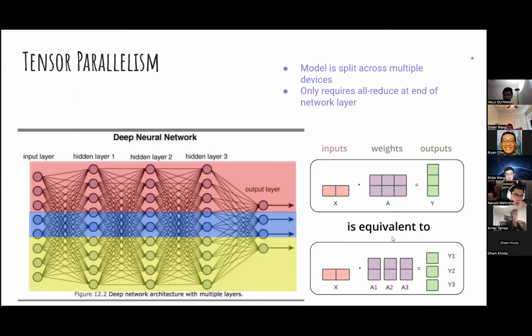As you can see here, this is why we are able to do so: if we think of a general multi-layer perceptron block, this is what the MLP block does. And since the general matrix multiplication can be represented as this, this means that we could split our entire neural network in a similar fashion.